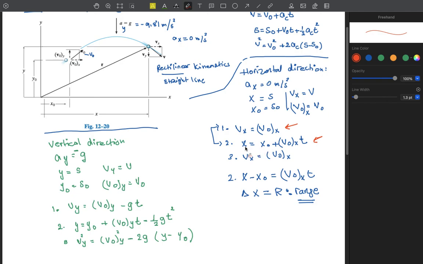We have final position in x, initial position in x, initial velocity in the x direction, and time. Now whenever you have a problem, you start first by looking at your equations. Do we have enough information to solve for whatever we need? So then we decide whether or not to use this equation. So if v naught x is not asked, you're not required to solve for v naught x or x naught, then you don't use this equation.